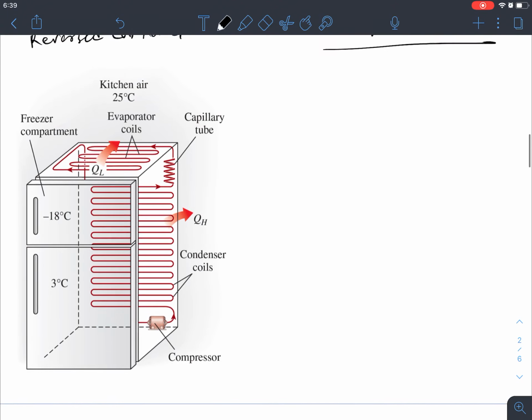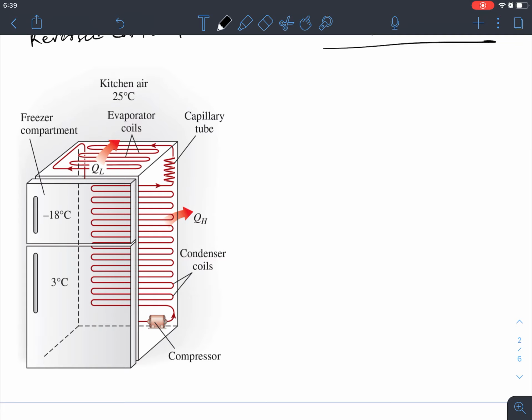So in our domestic refrigerator, what do we see? If you touch one of the side walls or the back wall, you will see it's pretty hot. Why? It's because of the condenser outside, on the side wall or the rear wall. You will see that the condenser is rejecting the heat, so that's how we feel hot, right?